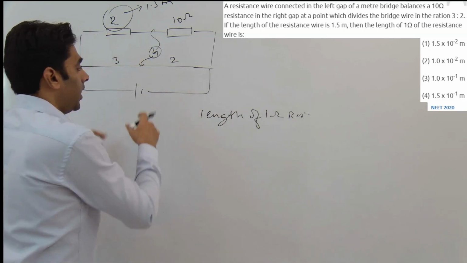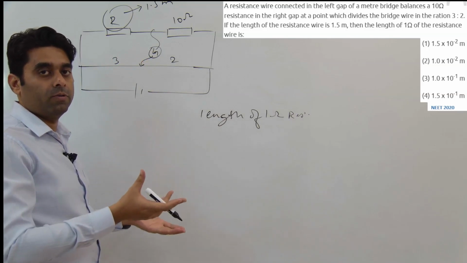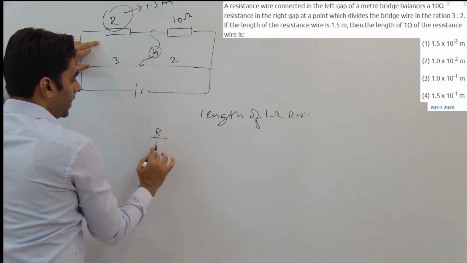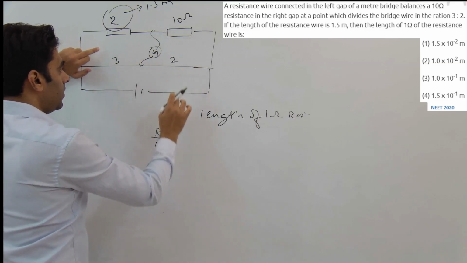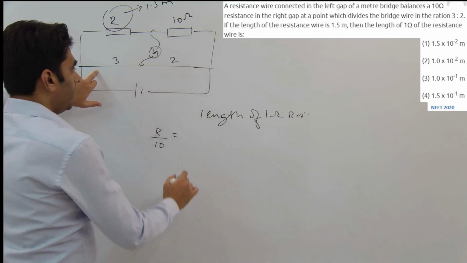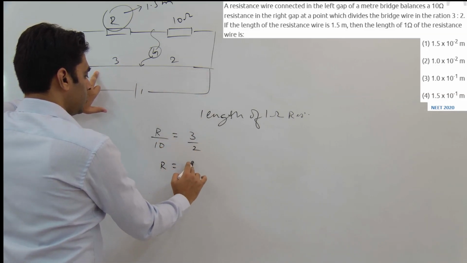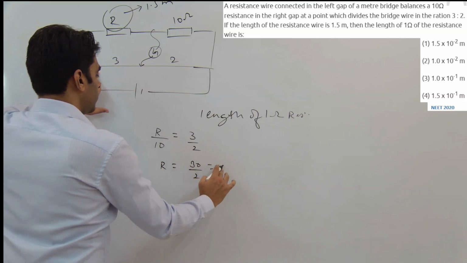Our meter bridge is based on the principle of a balanced Wheatstone bridge. So we can write R by 10 is equal to 3 by 2, the proportion in which the length is divided. R is equal to 30 by 2, which is 15 ohm.